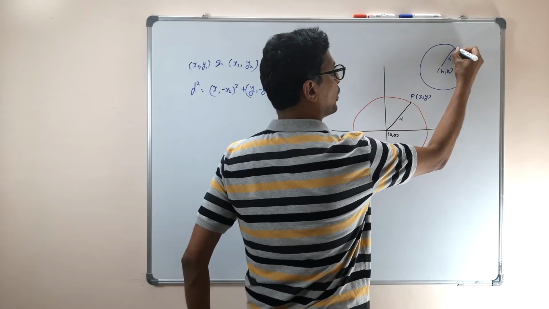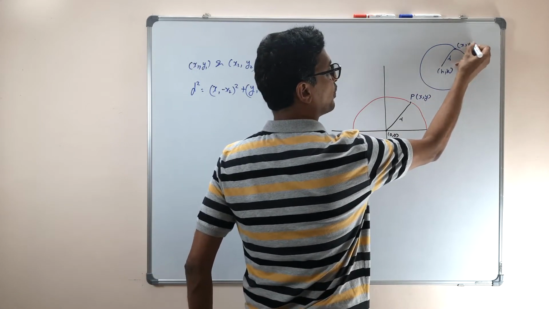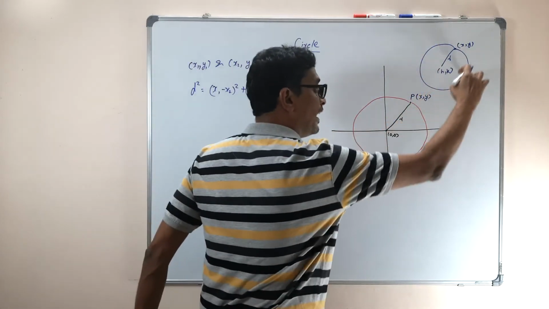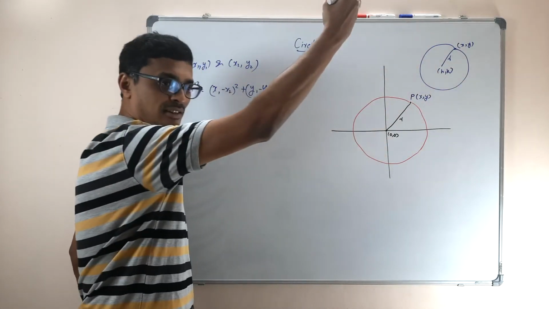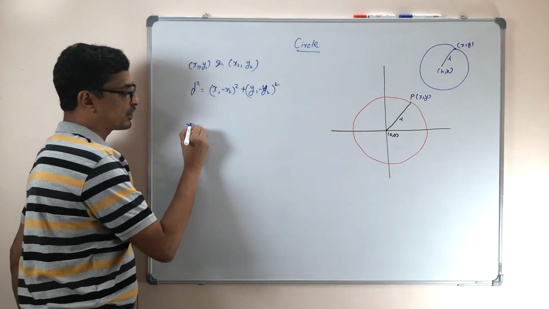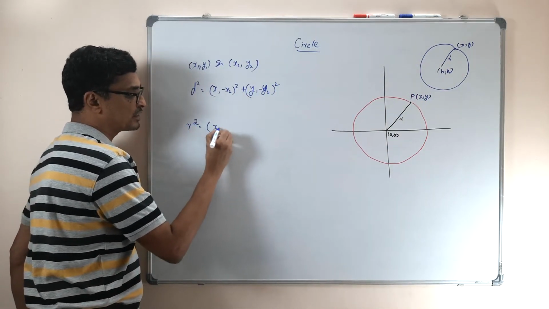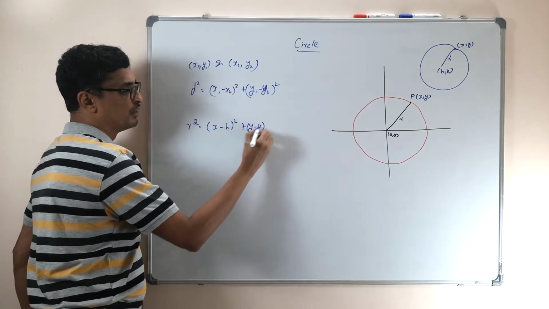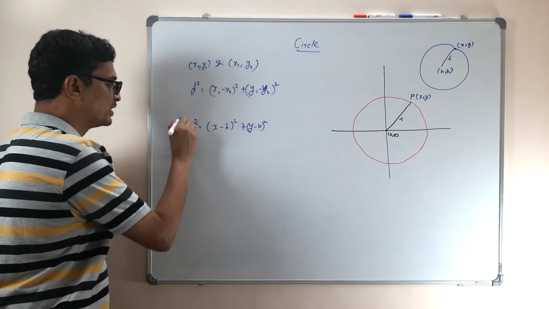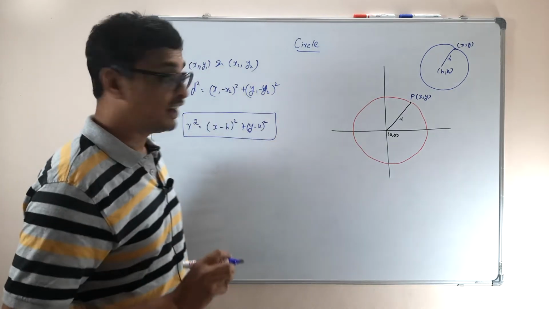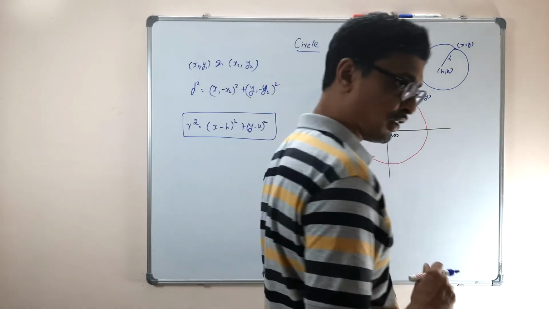Let us take this point as x comma y. This distance has to be r. Let this x comma y be any point on the circle, doesn't matter. Only thing, center is h comma k. So then r square equal to x minus h whole square plus y minus k whole square, isn't it? So this is the equation of the circle when the center is not the origin.